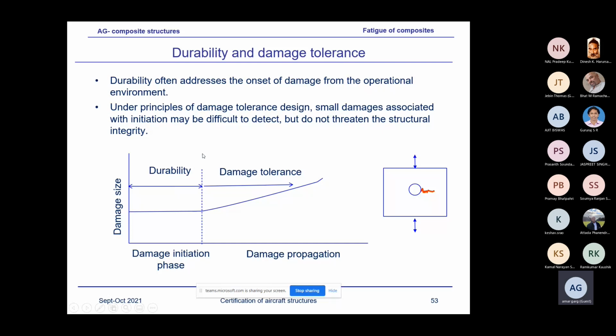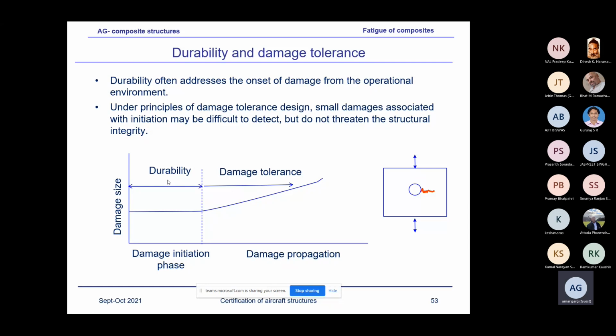Damage tolerance provides the residual strength of large damages, as well as the inspection intervals. Inspection intervals for the metal and residual strength, of course, and for composites it is essentially the residual strength. But durability has to be shown for both as well.